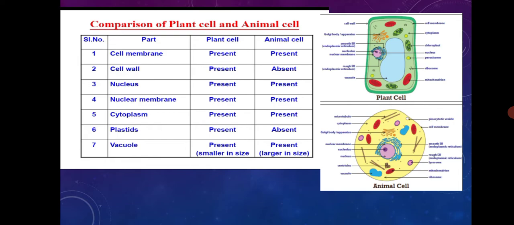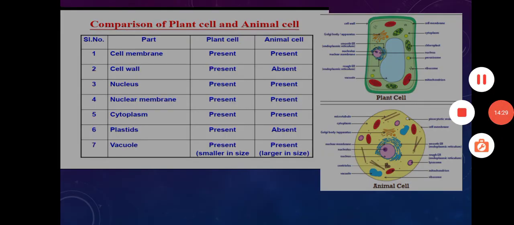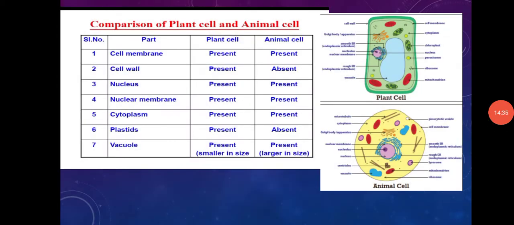Cytoplasm also present in both. Plastid is present only in the plant cell, absent in the animal cell. Vacuoles are present in both cells, but in the plant cell their size is very big and in the animal cell their size is very small. Centrosome is present only in the animal cell but is absent in the plant cell.